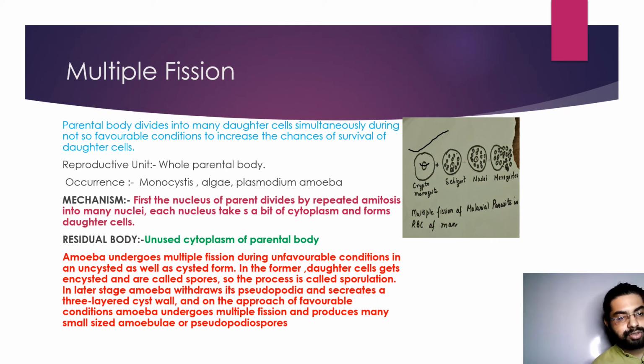Amoeba undergoes multiple fission during unfavorable conditions in an uncysted as well as cysted form. In the former, daughter cells get encysted and are called spores, so the process is called sporulation. In the latter, amoeba withdraws its pseudopodia and secretes a three-layered cyst wall, and on the approach of favorable conditions, amoeba undergoes multiple fission and produces many small-sized amoebulae or pseudopodiospores.